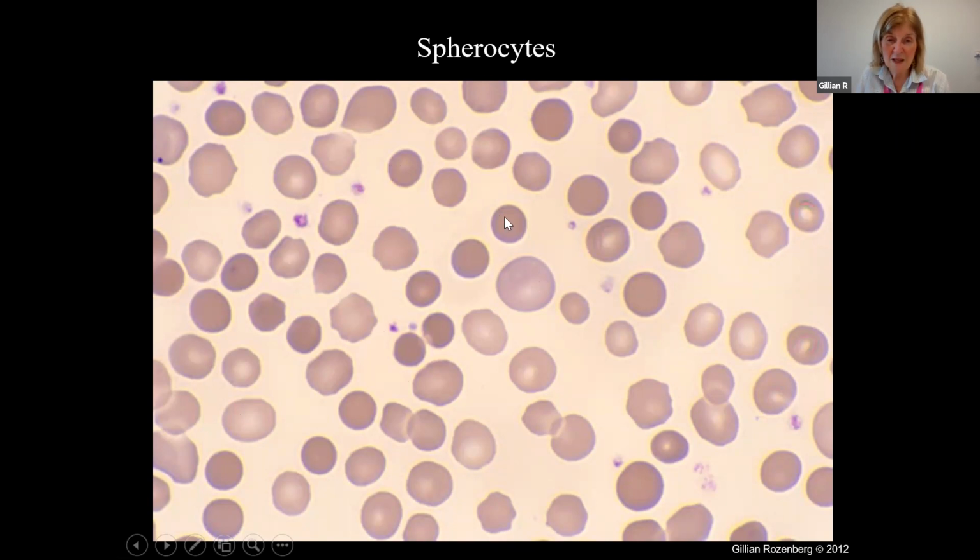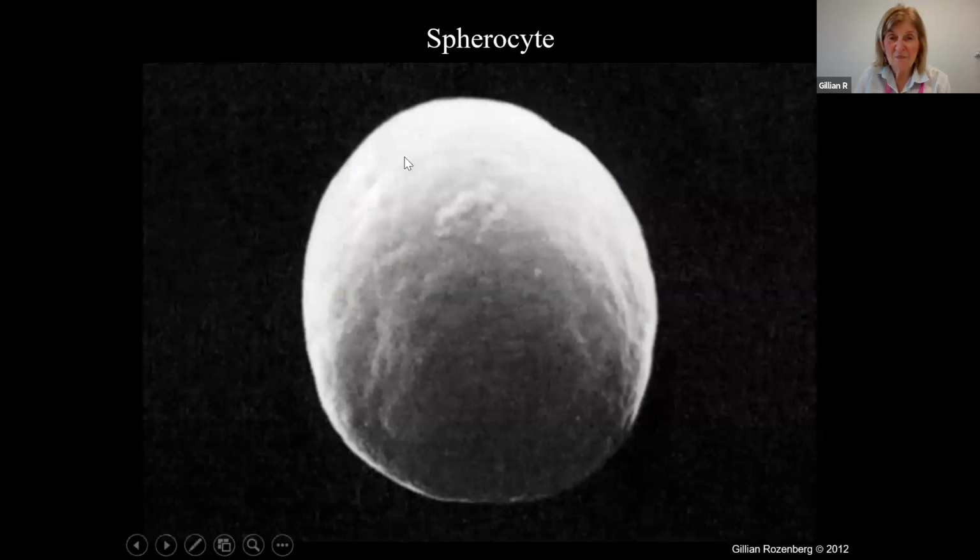And of course, when you compare the diameter of this cell and this one, the two compensate to give you usually a normal mean cell volume. Here is the spherocyte, a round ball, so to speak, very hyperchromic with no area of central pallor.